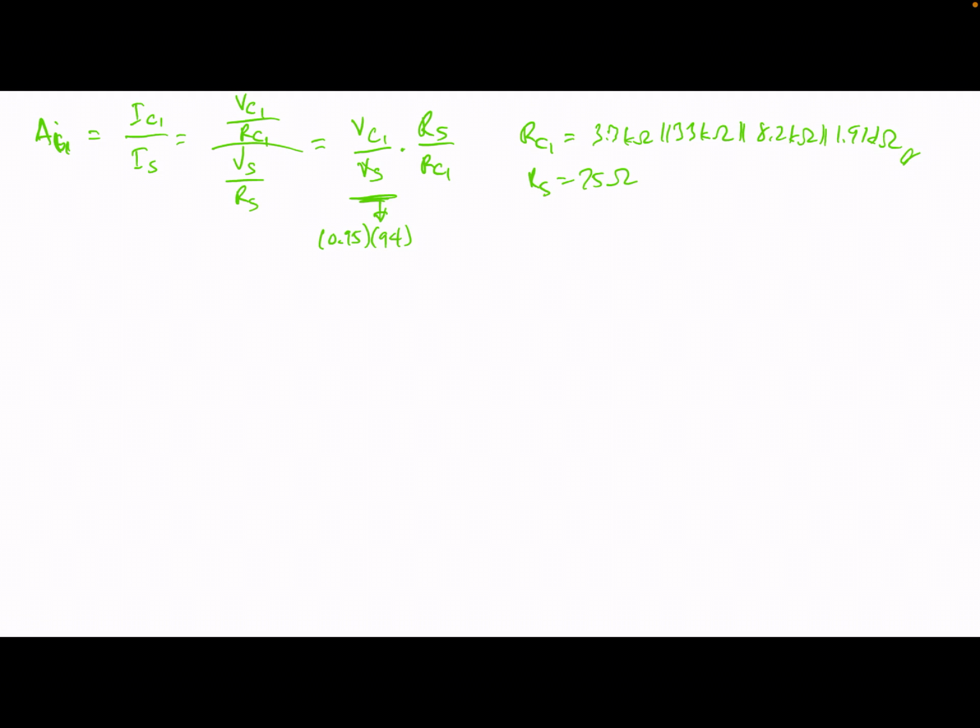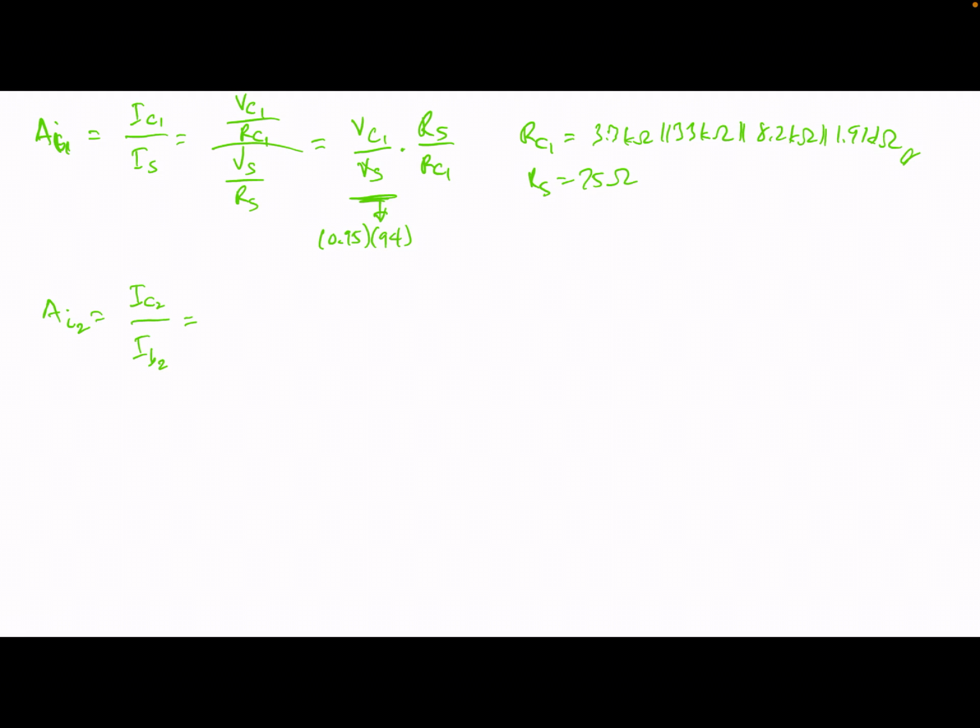Now let's solve for the current gain in stage 2. This is equal to the collector current at stage 2 divided by the base current at stage 2.